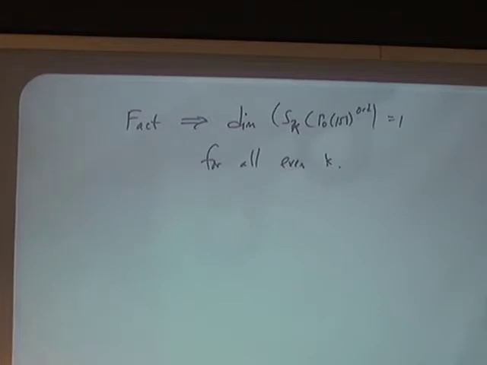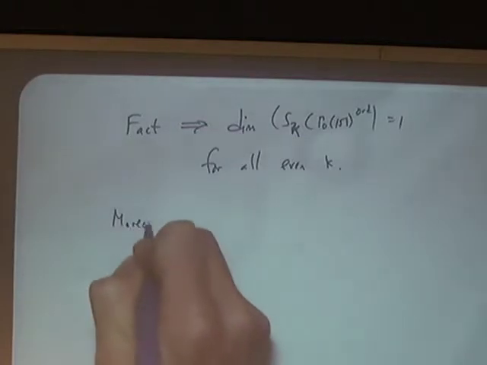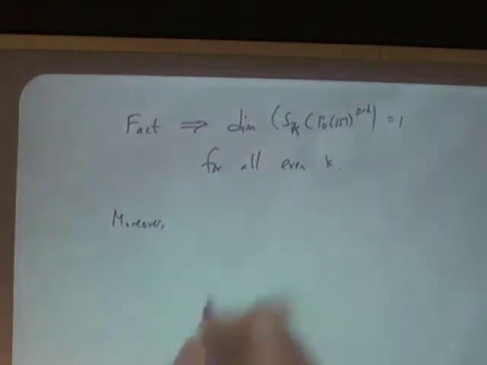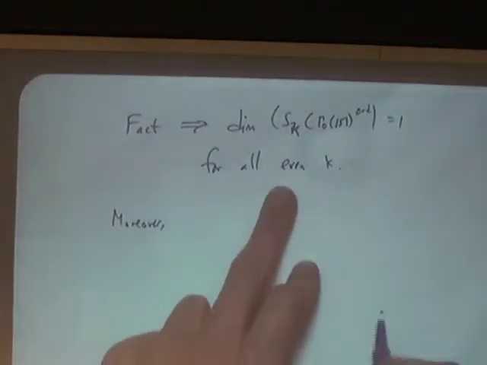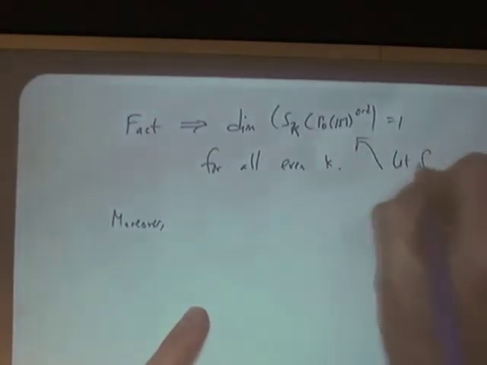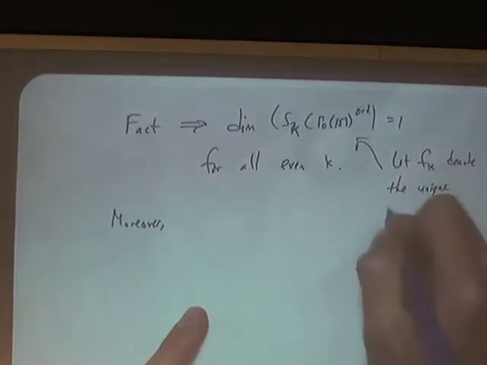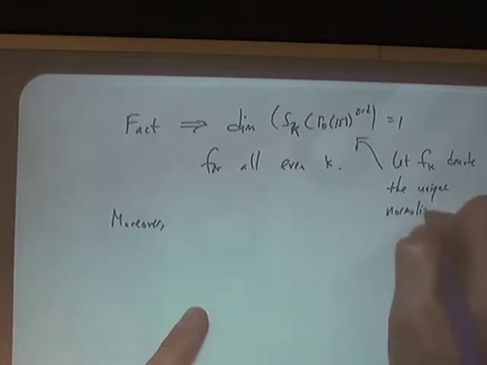And even better than that, there's more. Moreover, let f_k denote the unique normalized ordinary form.